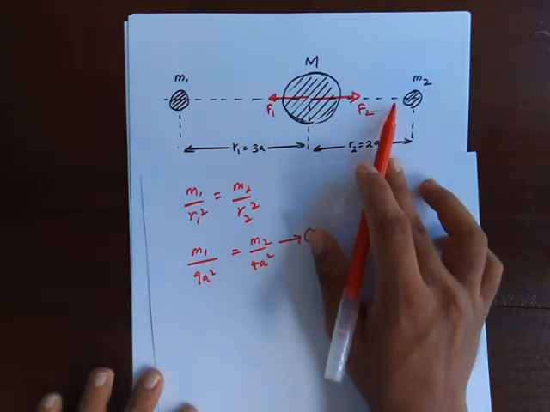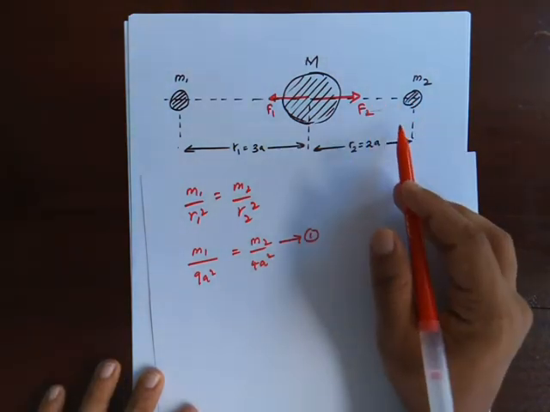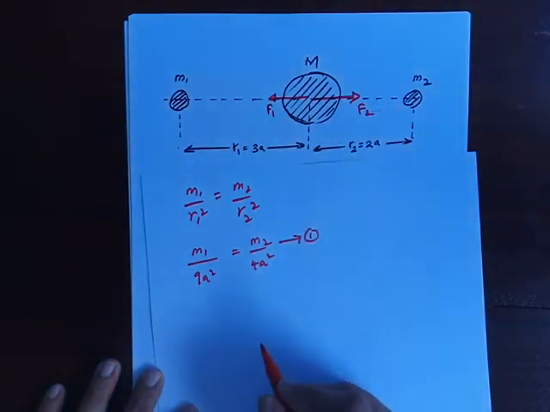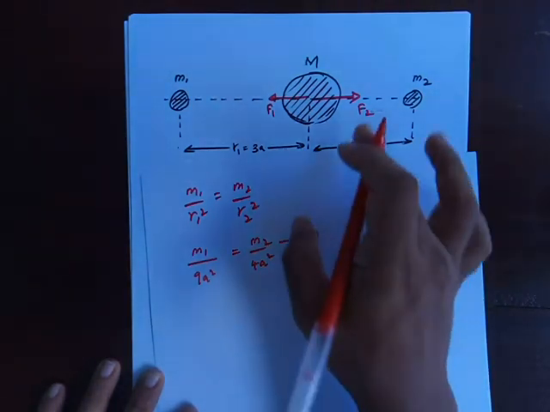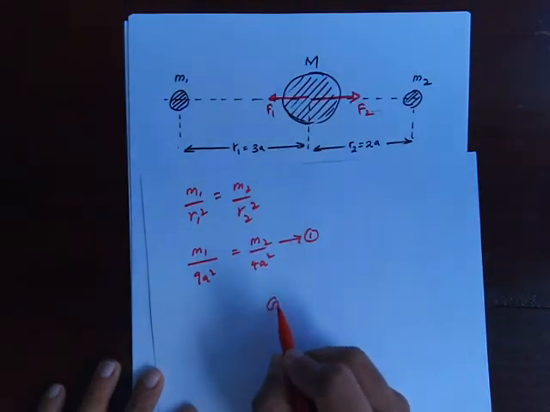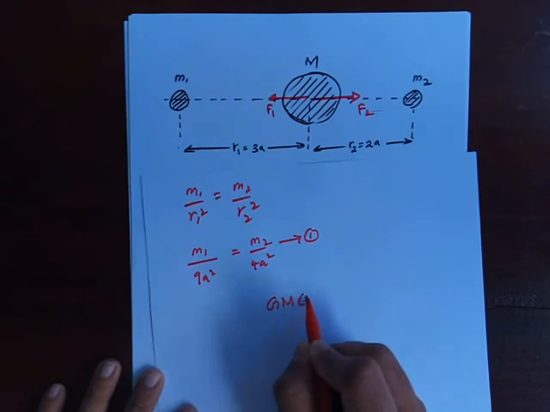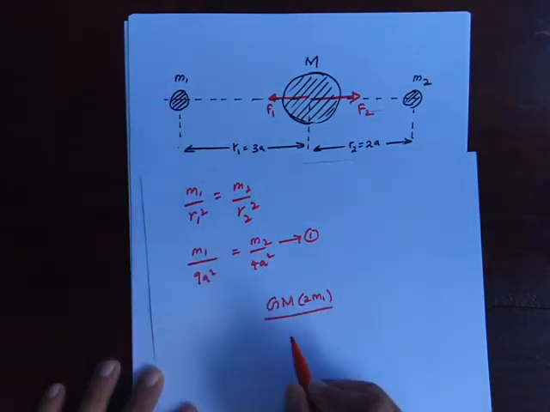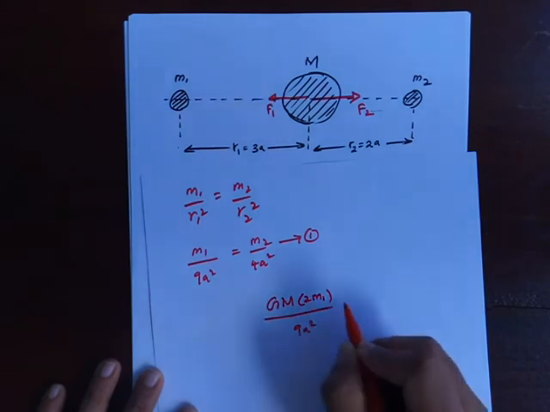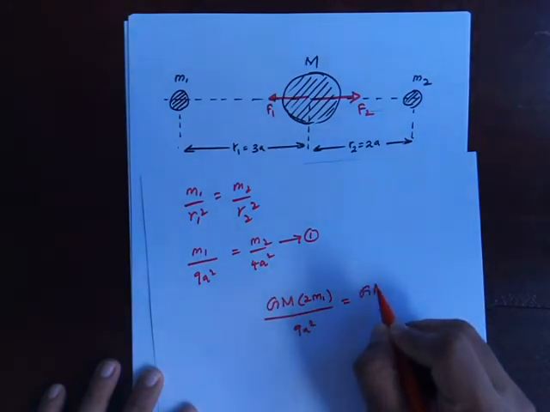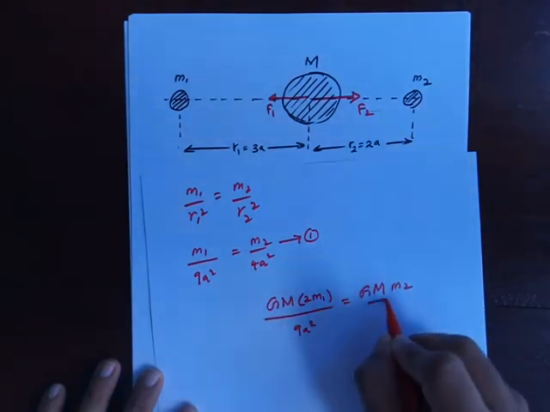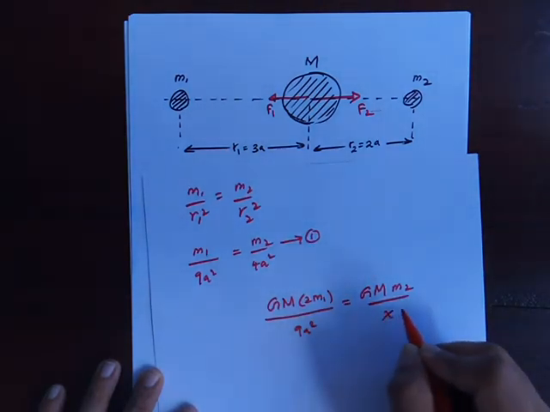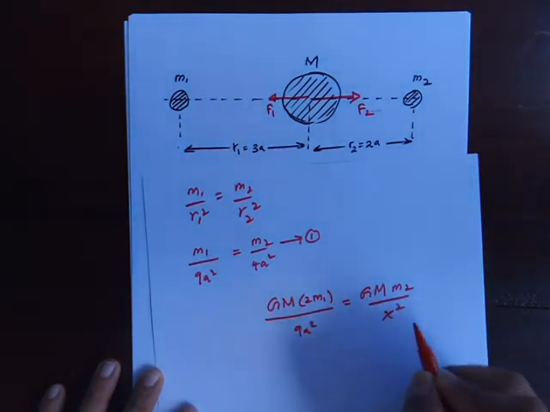Let's say I don't know that distance, so I take it to be x. I can write the gravitational force balance again. If it remains balanced, I can write G M times 2 M1, because the mass is now doubled, over 9a squared is equal to G M M2 over x squared.